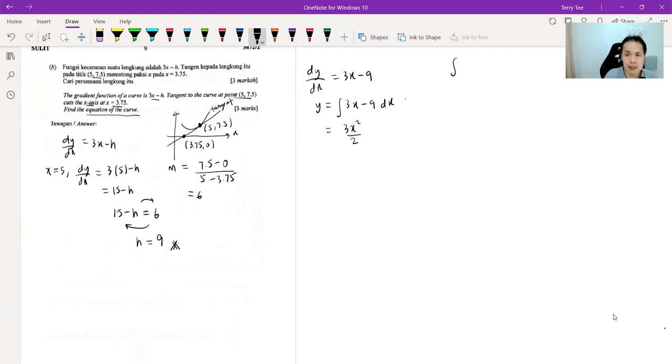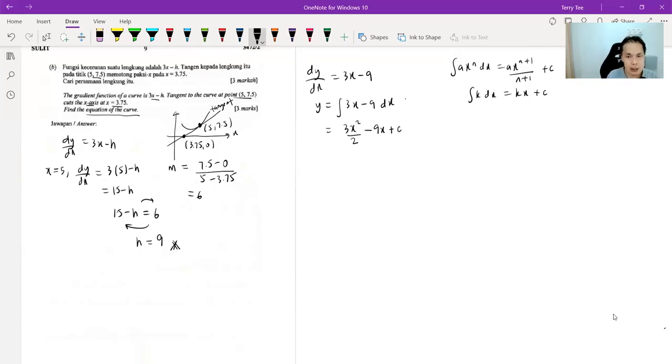Here, I'm integrating ax^n. We copy a, copy x, increase the power by 1, n plus 1, divide by n plus 1, plus c. But when you're integrating a constant like a, what we do is we add x plus c. Your constant here is 9, integrate 9, you get 9x plus c.